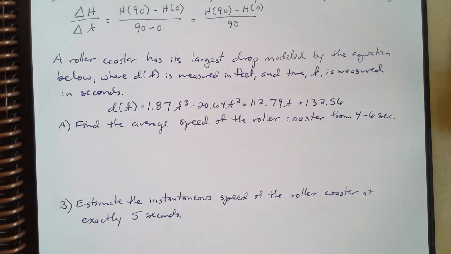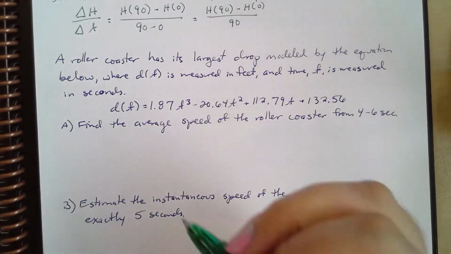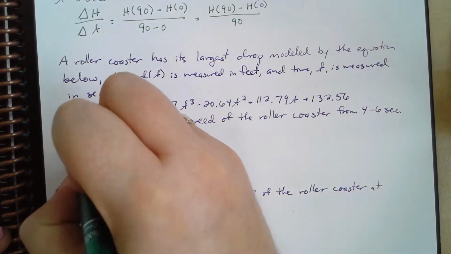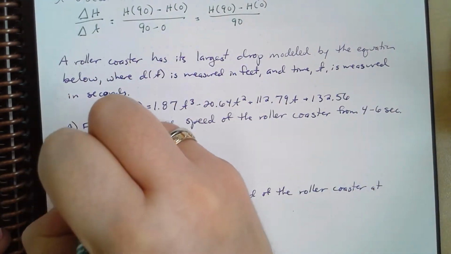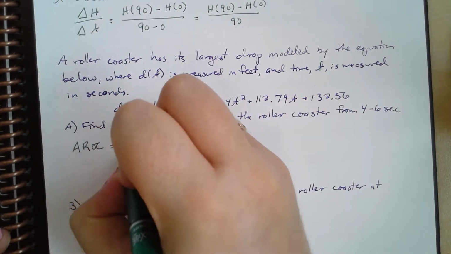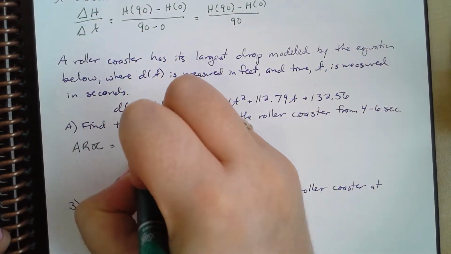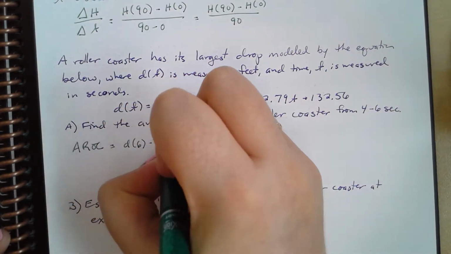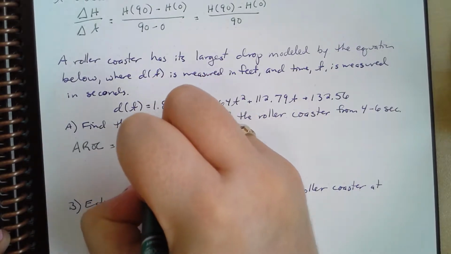We are asked to find the average speed of the roller coaster from 4 to 6 seconds. To do that, our average rate of change, which I'm going to write as AROC, is equal to d of 6 minus d of 4 over 6 minus 4.